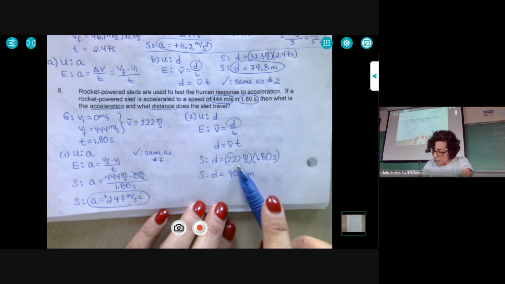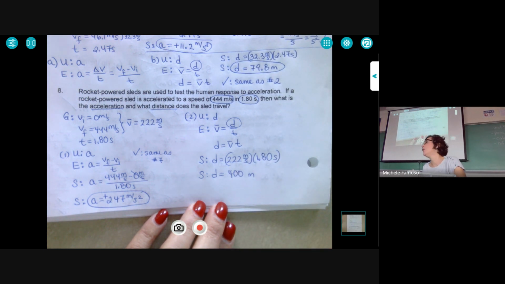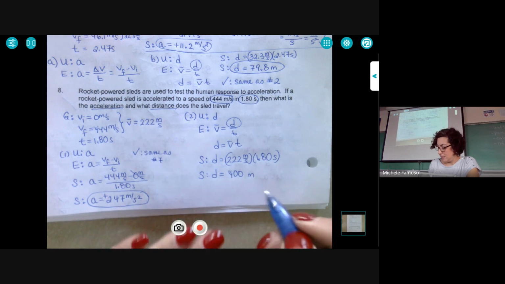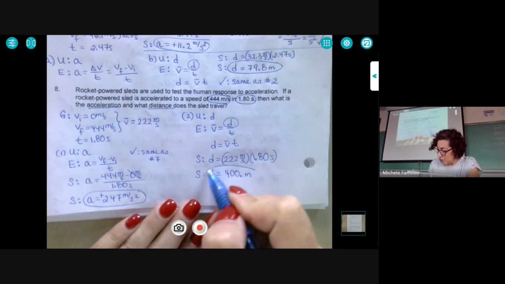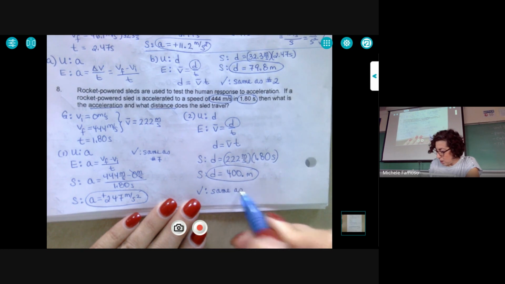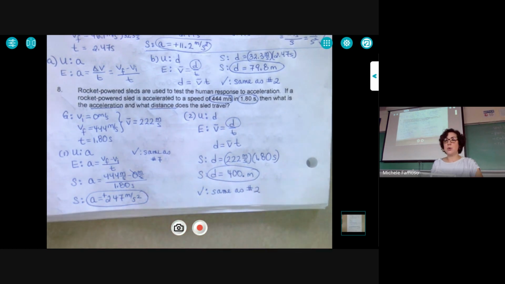I need how many? 3. Very easy fix to make it 3. I want to count this way instead. There you go, 400 point meters. And the check is the same one that we did in number 2 yesterday. So I'm not going to repeat it, just for time's sake. Okay? We good so far? Let's keep going.